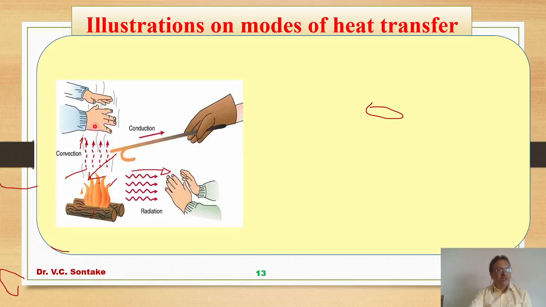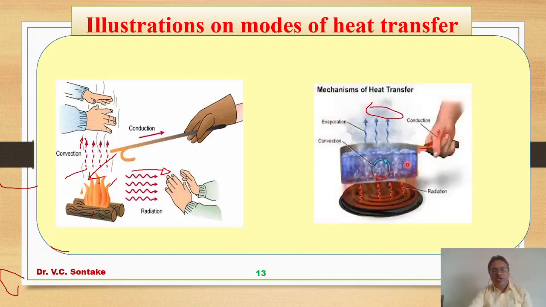If you place your hands on the upside of the flame, here fluid is coming into contact with the solid surface, so it will be by convection mode. And if you stay away from the flame so that you are not in direct contact with the flame, heat transfer will take place by radiation.